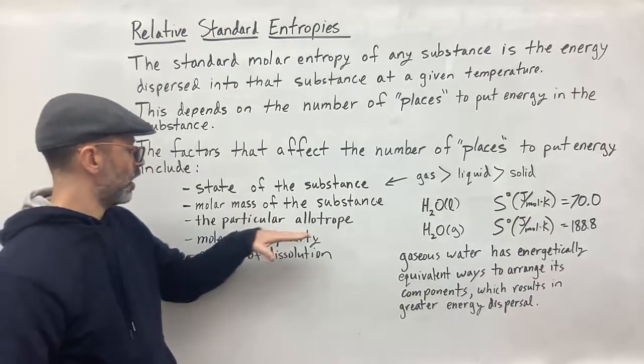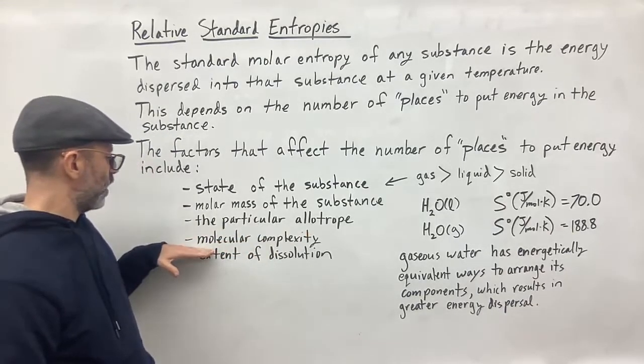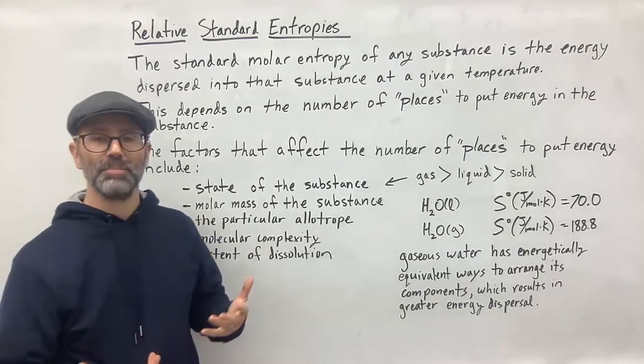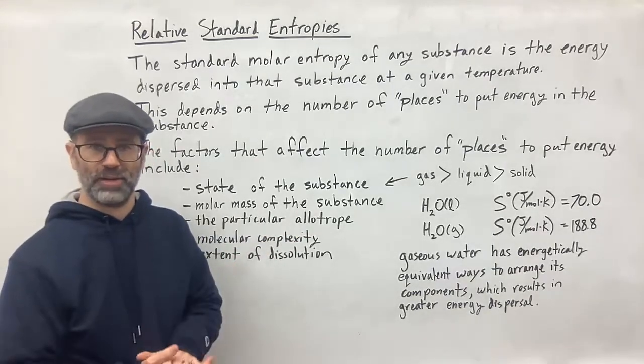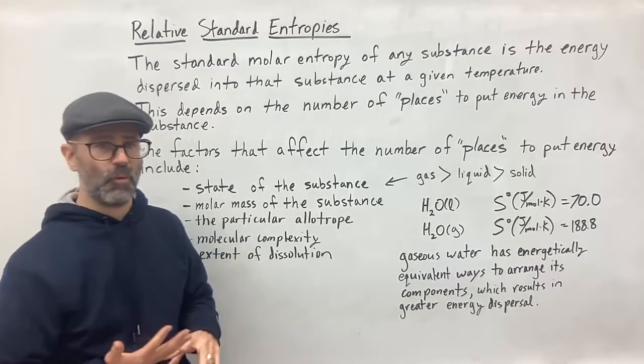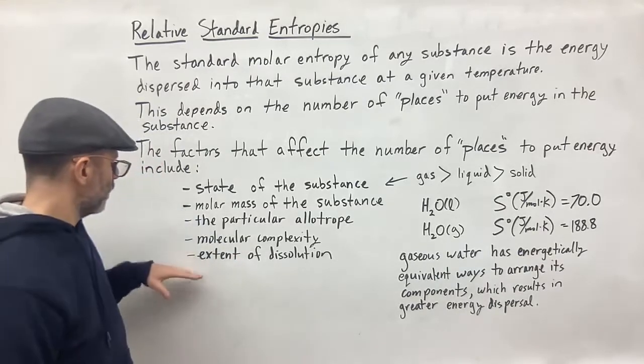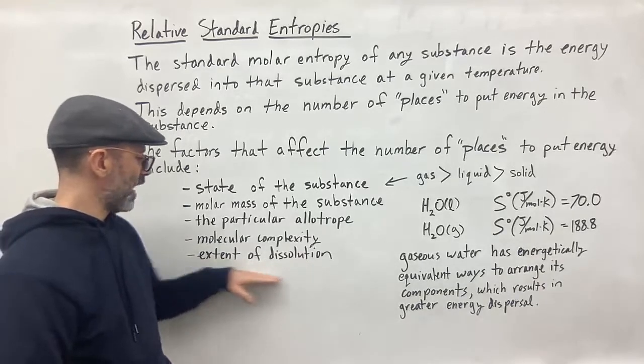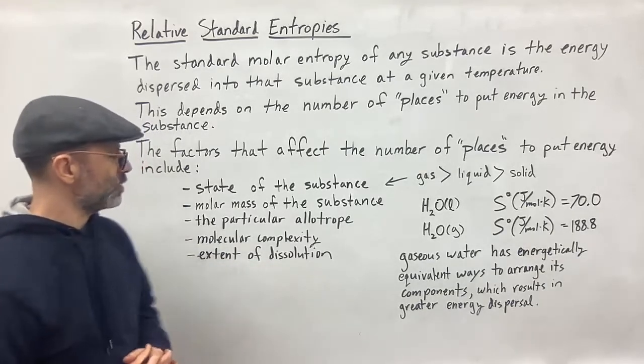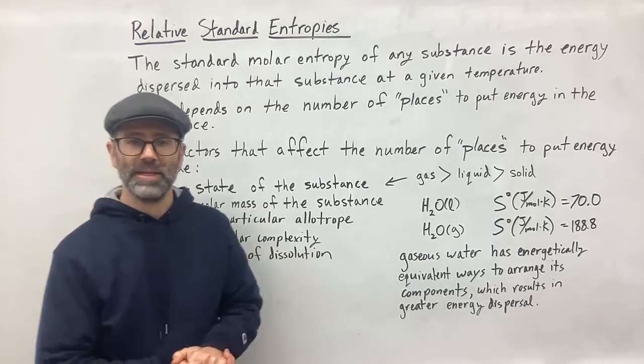The molecular complexity. How complex is the molecule, right? Is it a 2-atom molecule, a 4-atom, 5-atom? Is this a protein we're talking about? And the extent of dissolution. How dissolved is it in solution? And I'm going to talk about one of these at a time.